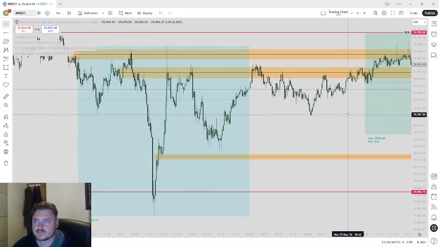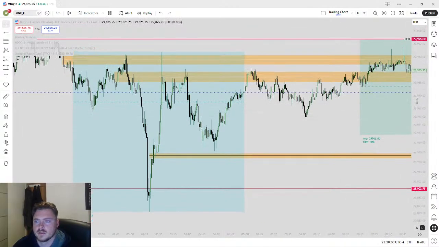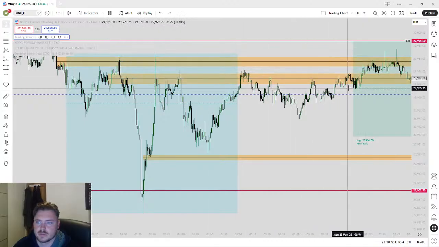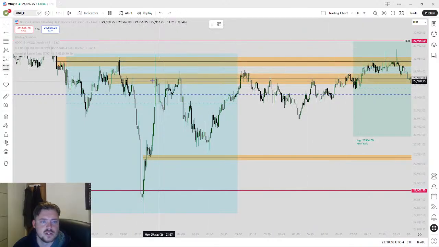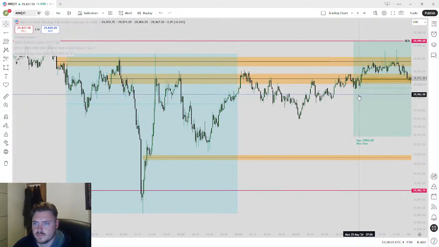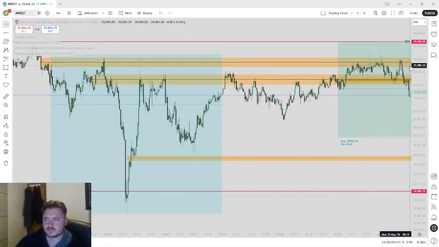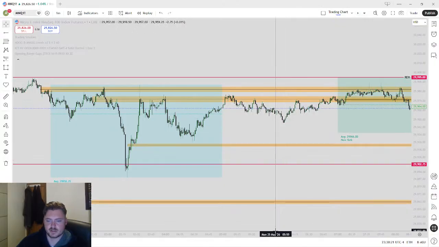And then I was looking at these relative equal highs, but you've got first presented fair value gap, which is overlapping with key level there. But again, we're quite extended.